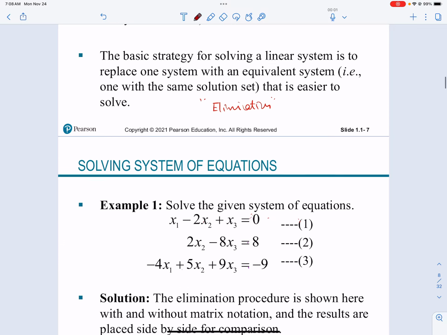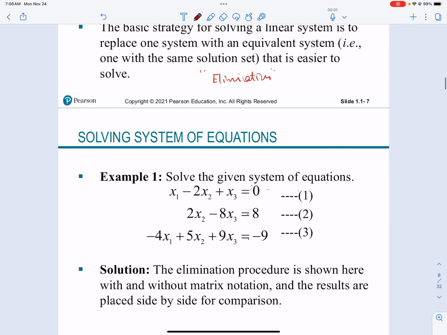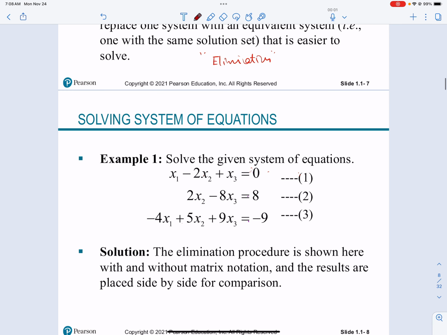And here we want to review, and connect the elimination method with the matrix thing that we learned here.